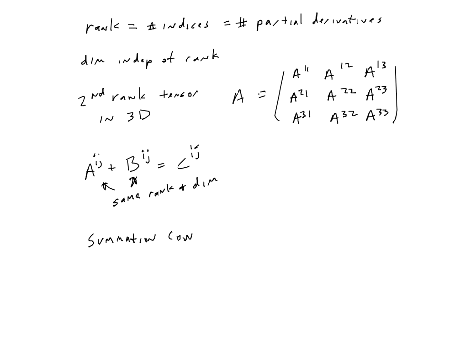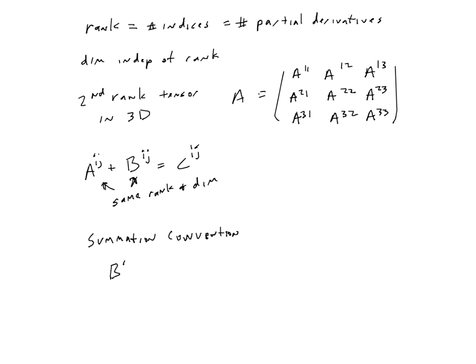So what they came up with is called the Einstein summation convention, which we're going to use. And that means that if you have an index and you repeat that index, contravariant, covariant, then that implies a summation over the index.